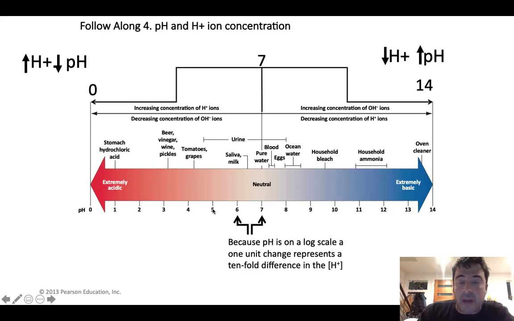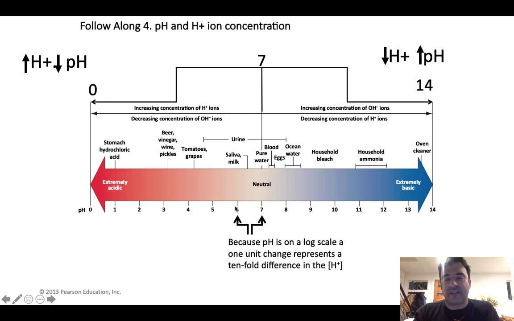A solution with a pH of 5 would be 100 times more acidic than a solution with a pH of 7. A solution with a pH of 4 would be 1,000 times more acidic than a solution with a pH of 7. It's not a linear scale, it's a logarithmic scale, and we use logarithms to condense widely varied data.